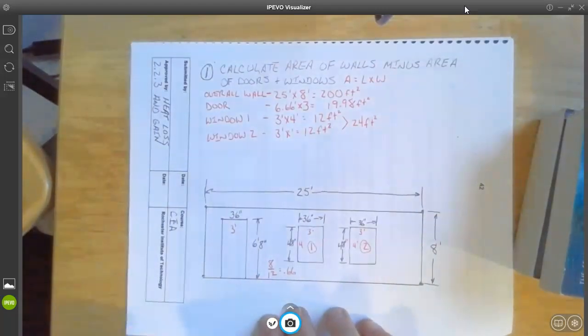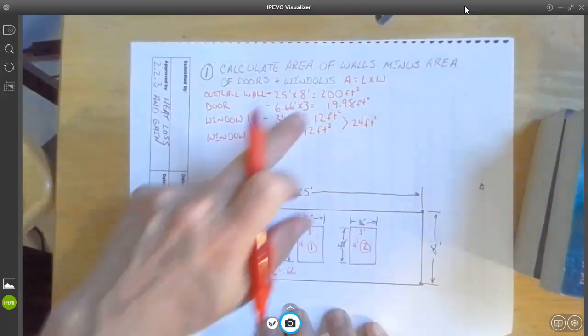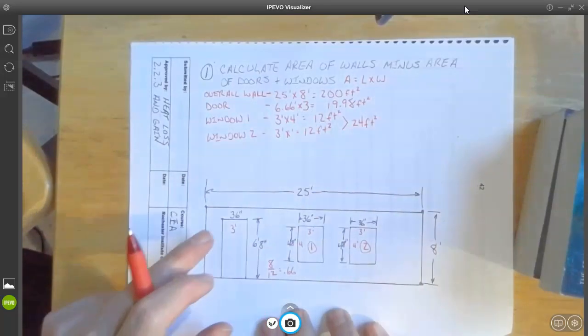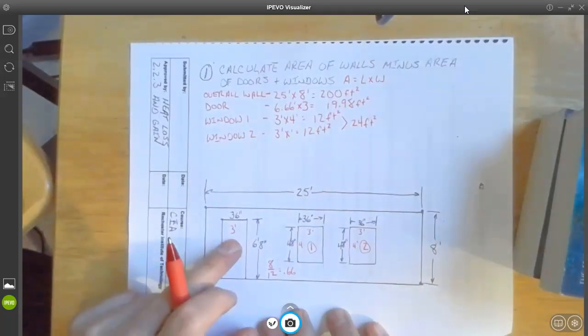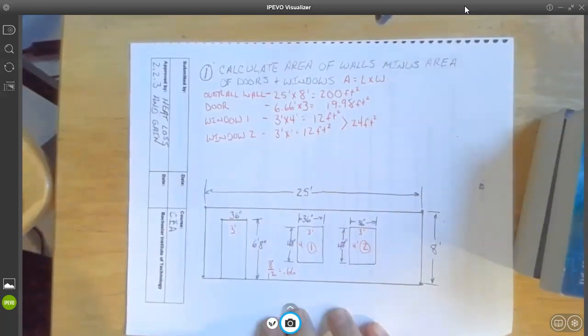Okay, so our next job is to calculate the total area of this wall. So that's the 25 times 8, which is 200 square feet, minus the area of the door, minus the area of the two windows.